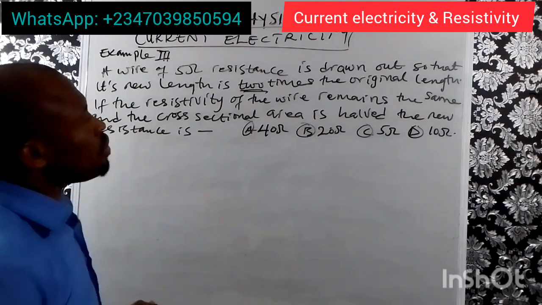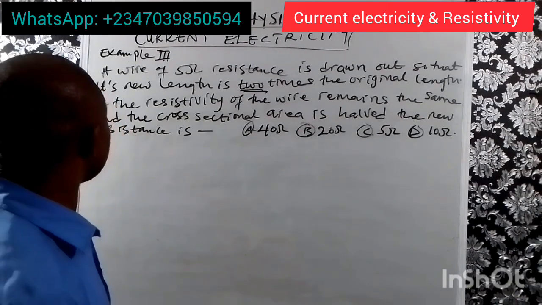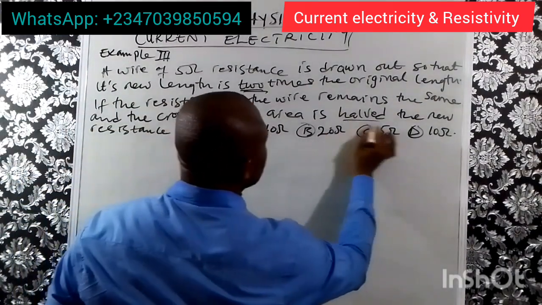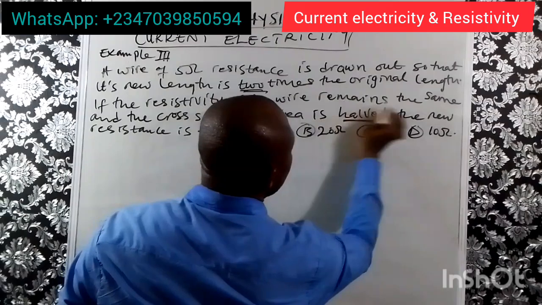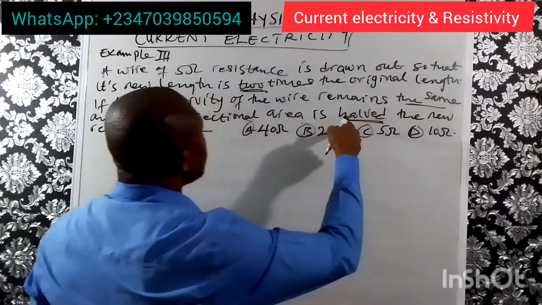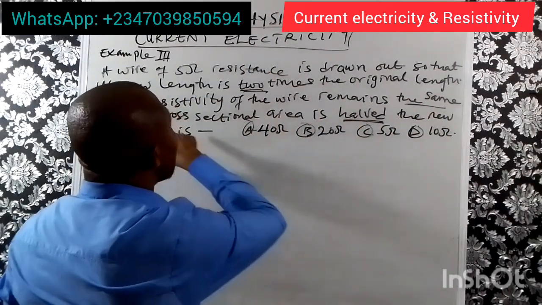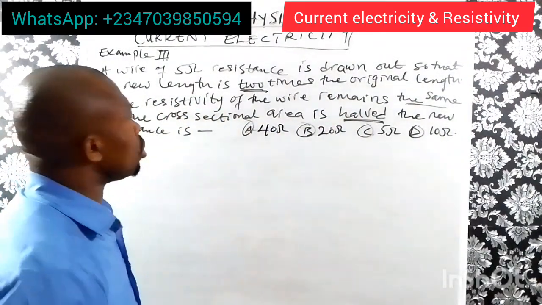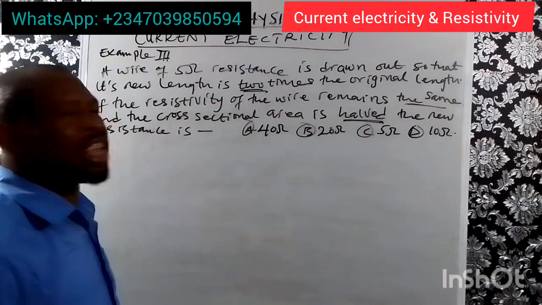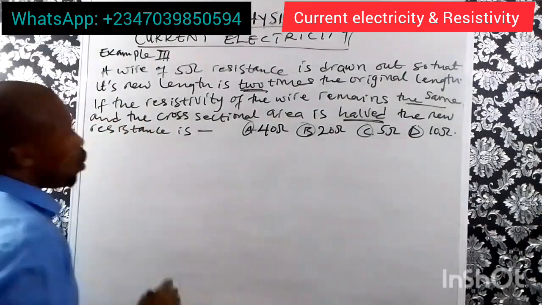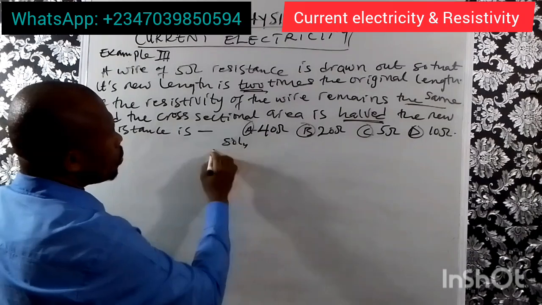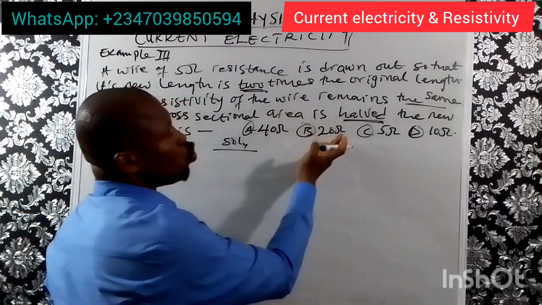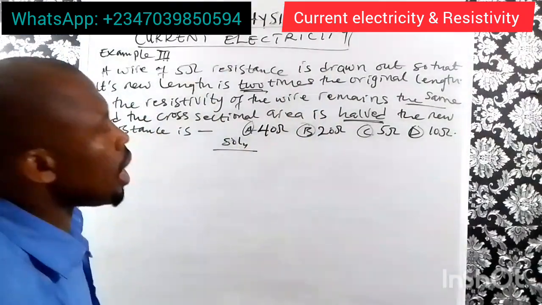If the resistivity of the wire remains the same and the cross-sectional area is halved, the new resistance is dash. The options are 40, 25, or 10 ohms.